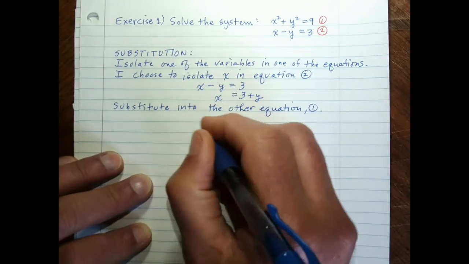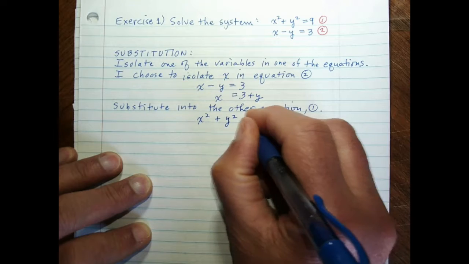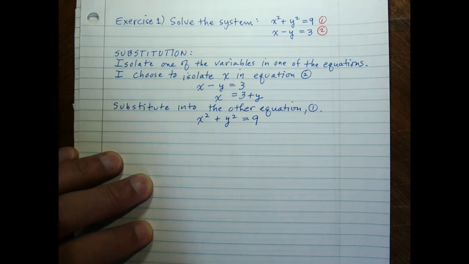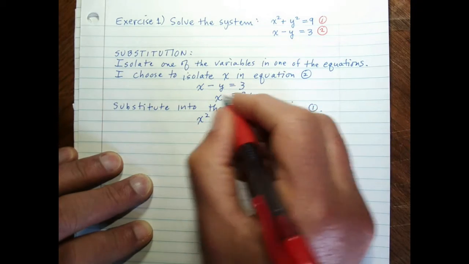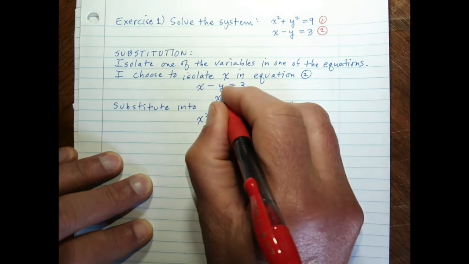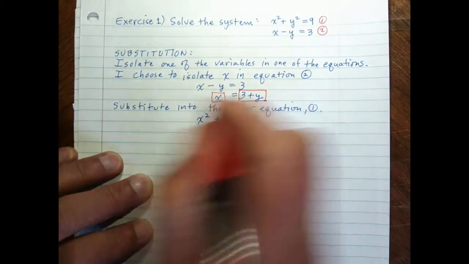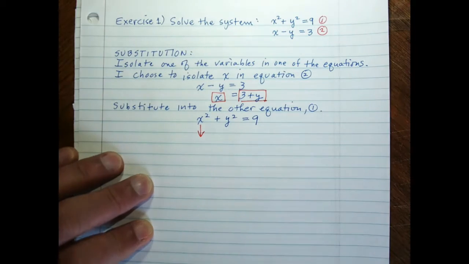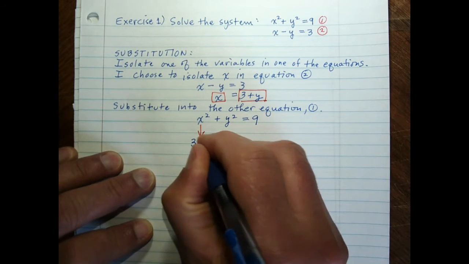Let me recopy equation 1, x squared plus y squared equals 9. Now the substitution I'm going to make is determined by the isolation that I did with equation 2. So I'm saying x is equal to 3 plus y in this system. So I can replace the x in equation 1 with 3 plus y.